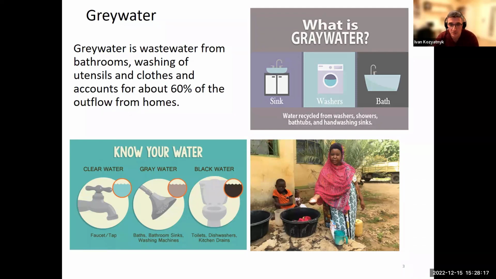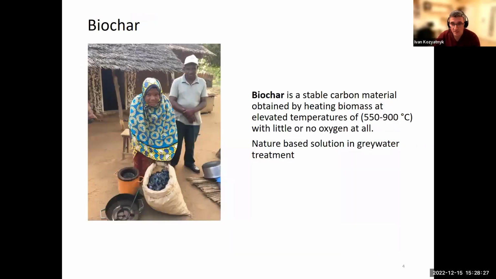But what can be a solution to this? We need to understand that in developing countries, we need to base this technology on locally available resources and methods.